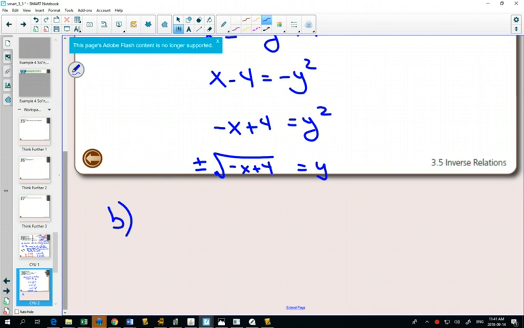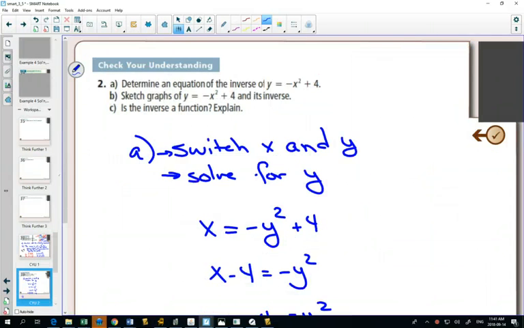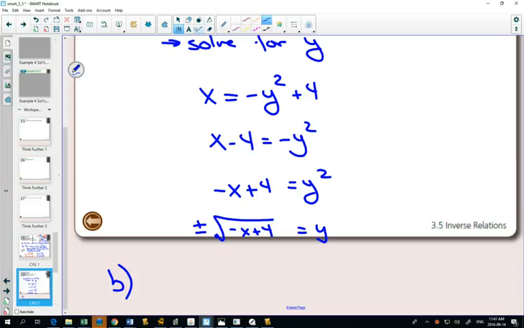So one of the things that we noted is that the inverse is not a function because it doesn't pass the vertical line test, which was if we have a graph, but we don't have a graph. You can't go take a vertical line and go across your equation.